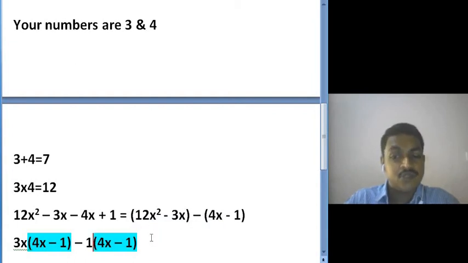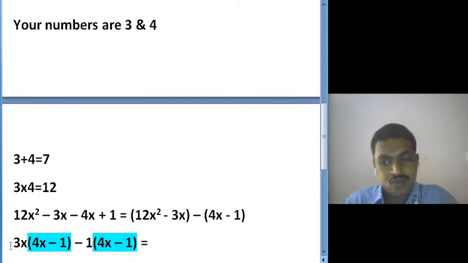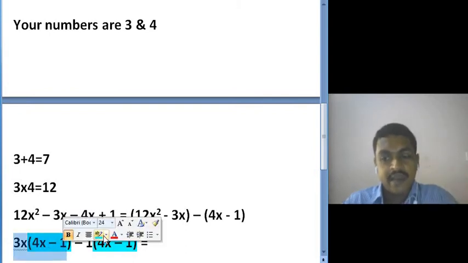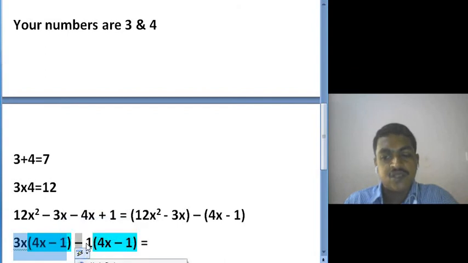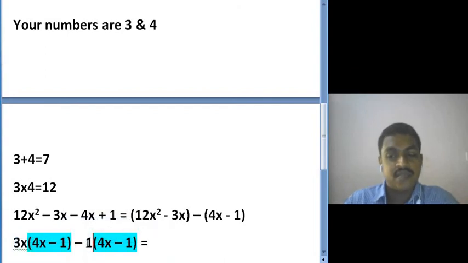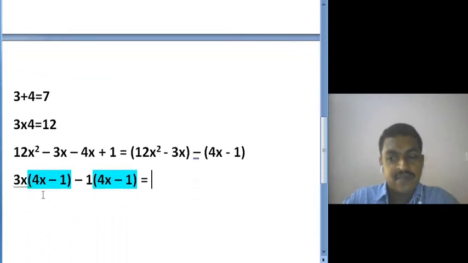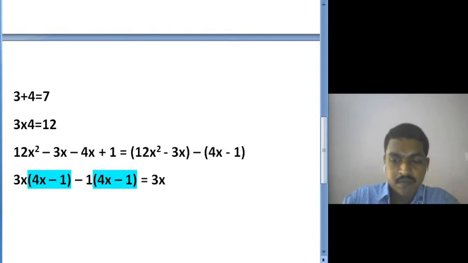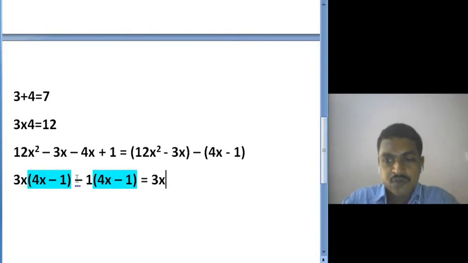That is something you should make sure, because when you reach this step, whatever is inside the bracket next to the first term and next to the second term, they should be equal. They should be one and the same. So you can see that 4x minus 1 is same as 4x minus 1 here. So what you do in the next step is pretty simple. You write this 3x here, and then you see this minus 1.